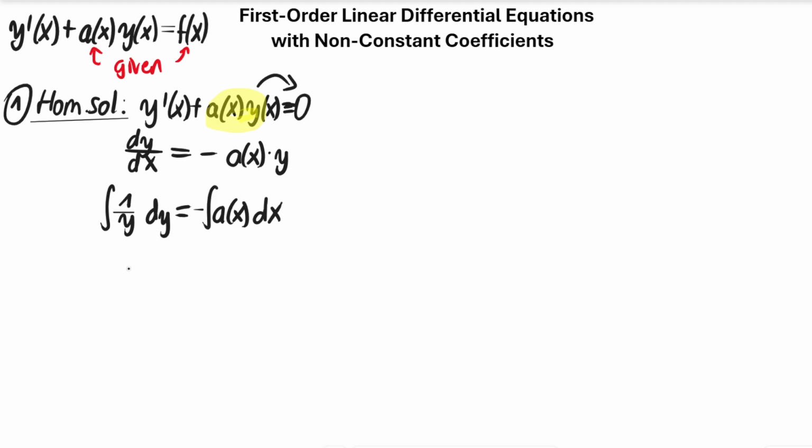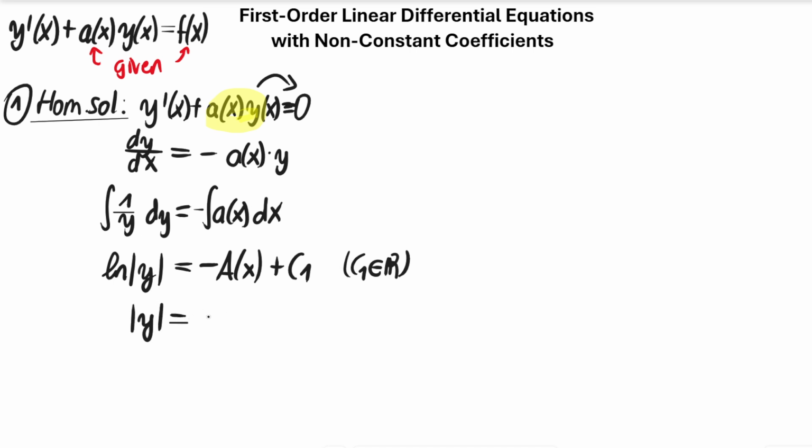We integrate the left side, which is the ln of the absolute value of y, and we do not have this a function available here specifically, so we just represent it as the antiderivative uppercase A, plus don't forget the integration constant c1, which can be freely chosen, of the set R. The inverse of the ln is the exponential function, plus c1 in the exponent.